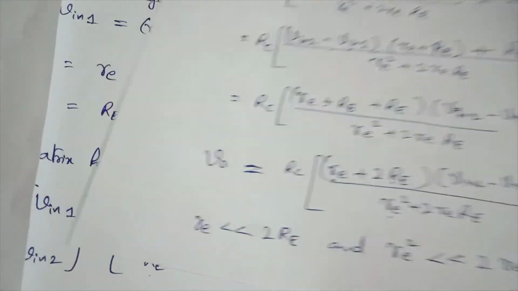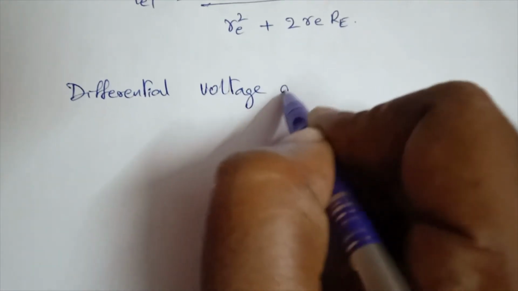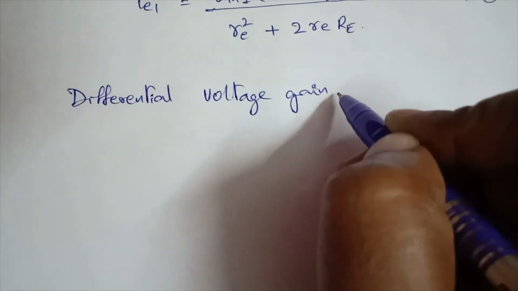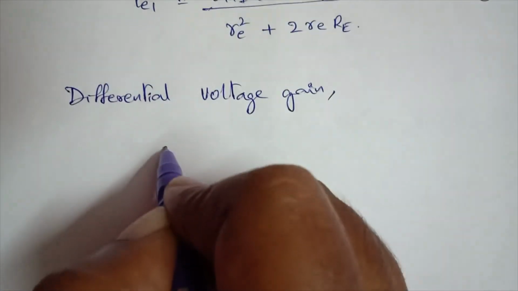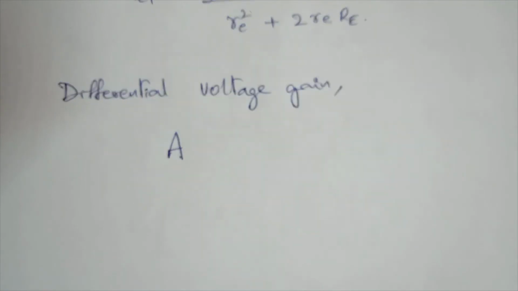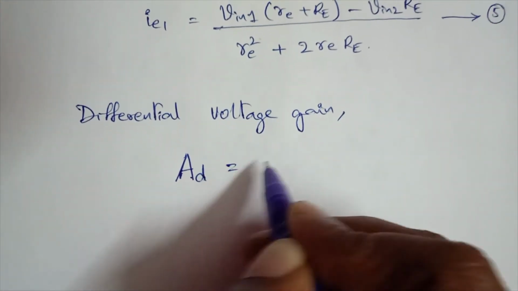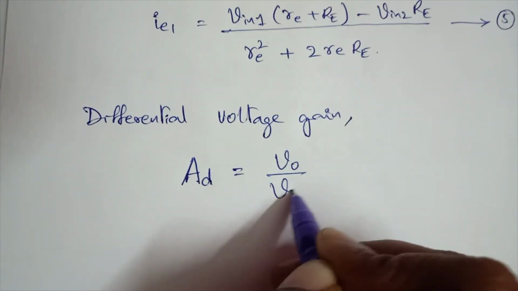So now I go for differential voltage gain. What is the differential voltage gain? Differential voltage gain is denoted as A, and differential we denote with suffix D. AD is equal to V0 by VID.